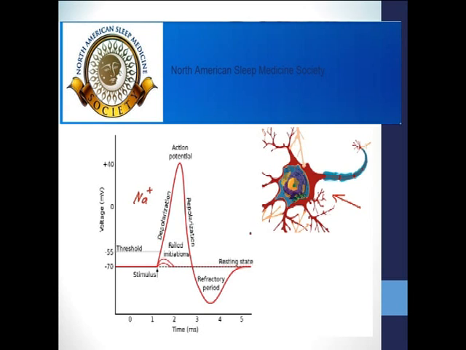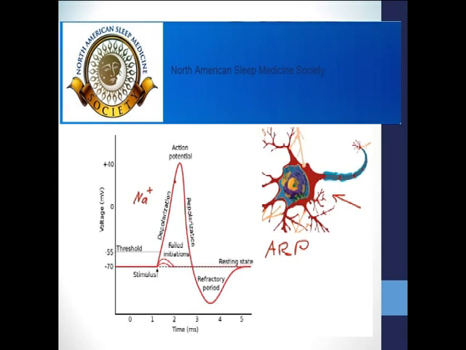This is called the absolute refractory period. So we have the ARP for the absolute refractory period because the voltage-gated sodium channels are either open or inactive.